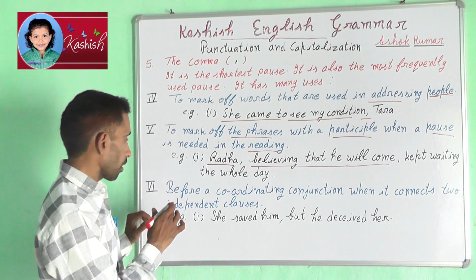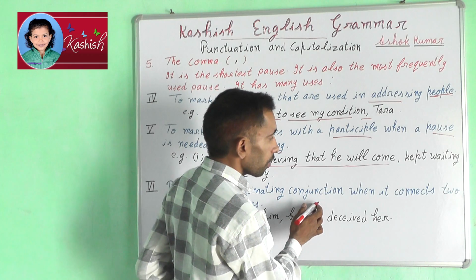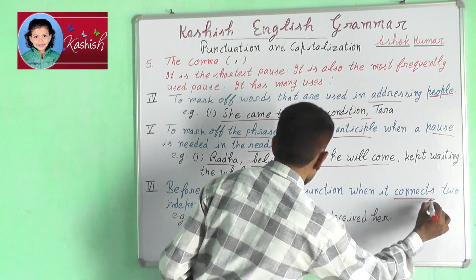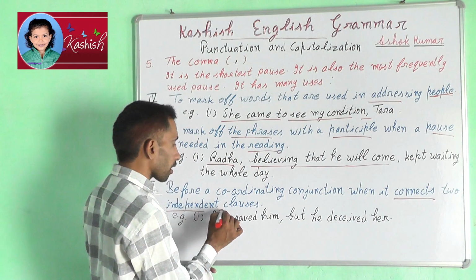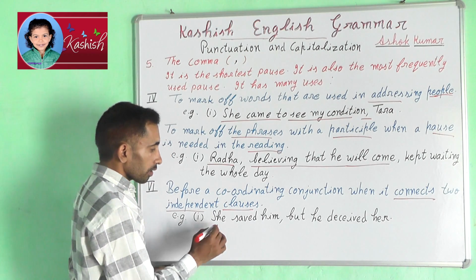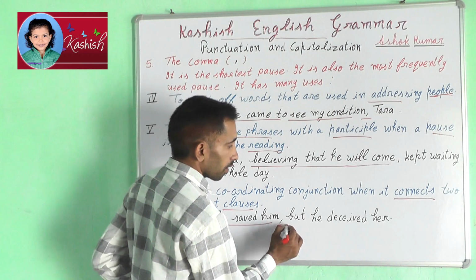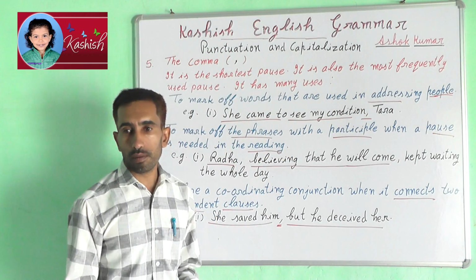Sixth, before a coordinating conjunction when it connects two independent clauses. For example, she saved him, but he deceived her.